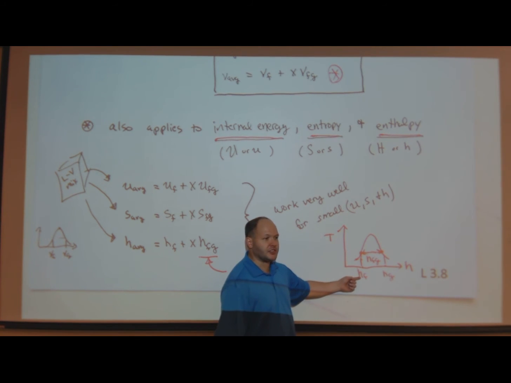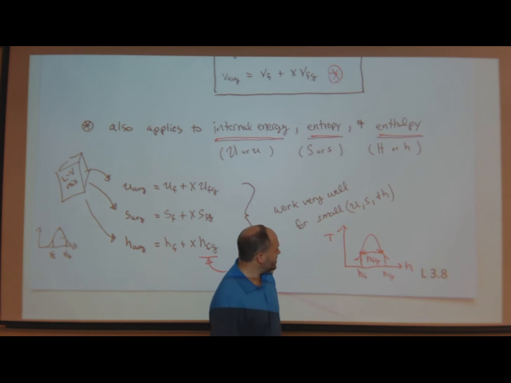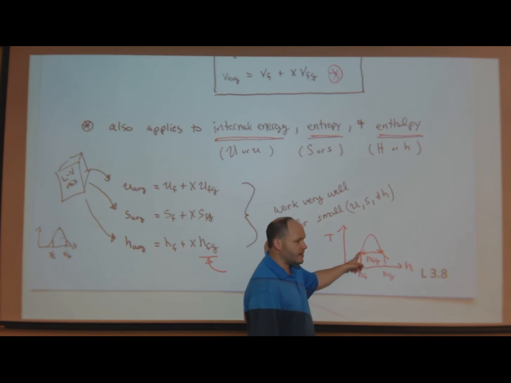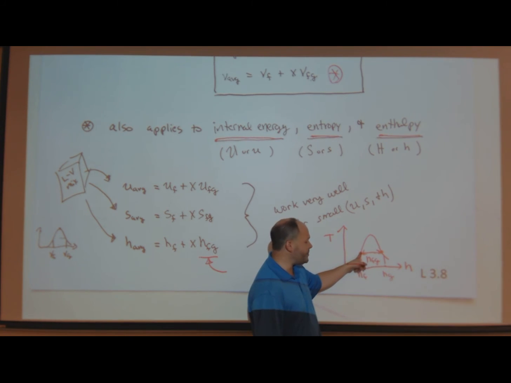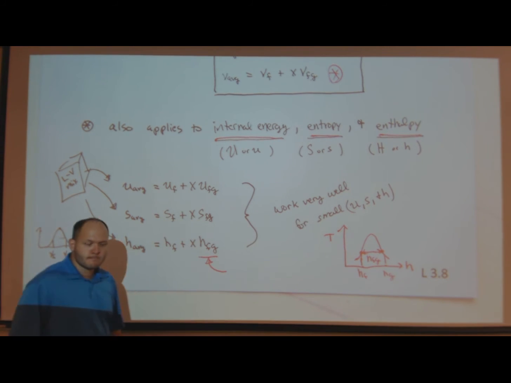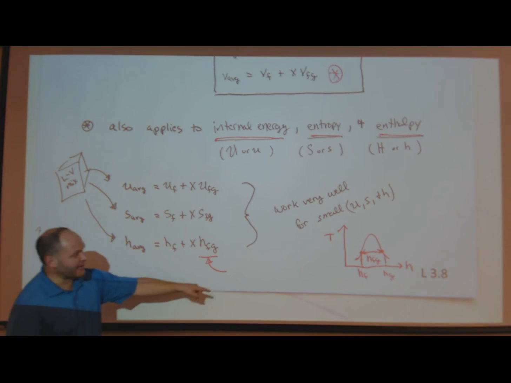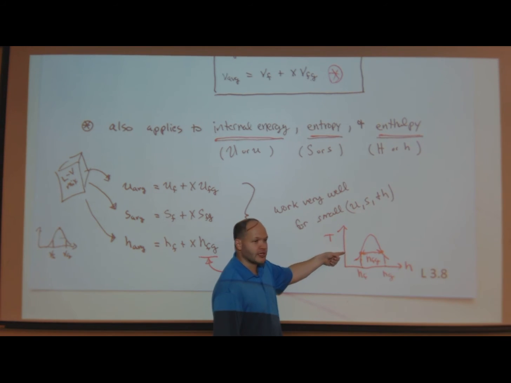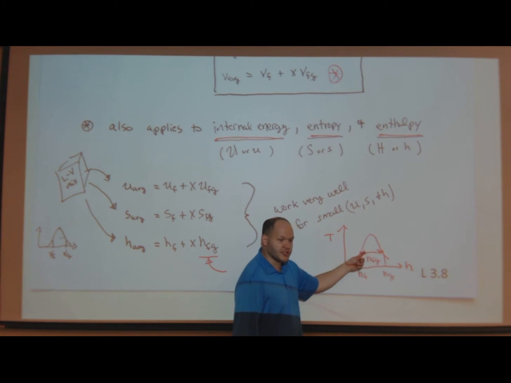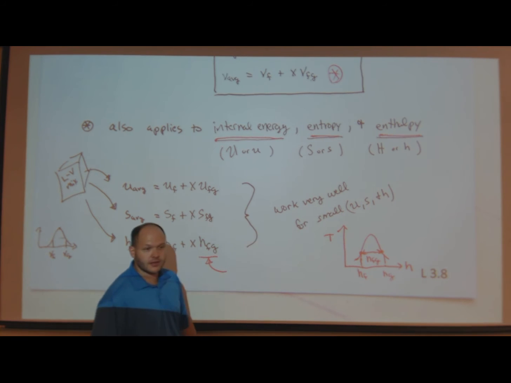So big H is energy, joules. This represents the amount of energy per unit mass to go from pure fluid to pure vapor at a given temperature and pressure, right? Because this is T1, and when we go through a phase change, the pressure is constant, so the pressure doesn't change, the temperature doesn't change.